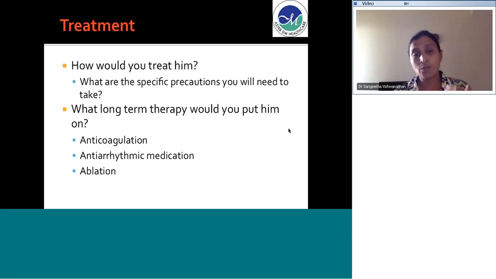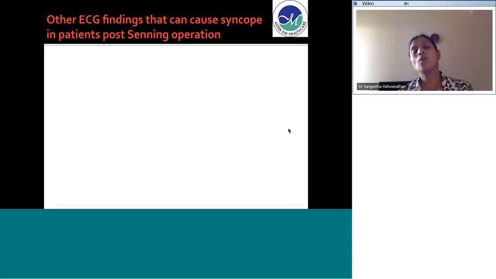But when he presents to you with flutter and you've cardioverted him and you know his underlying anatomy is such that he is likely to go back into flutter, till his antiarrhythmic medication kicks in and perhaps maintains him in sinus rhythm, I would keep him on anticoagulation. The other treatment modality obviously is ablation. With all this CARTO mapping that is possible, even in complex patients like these, it is possible to ablate the flutter pathways. So this would be your treatment strategy.